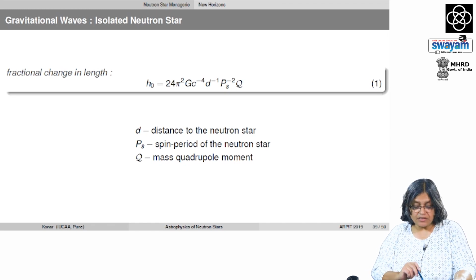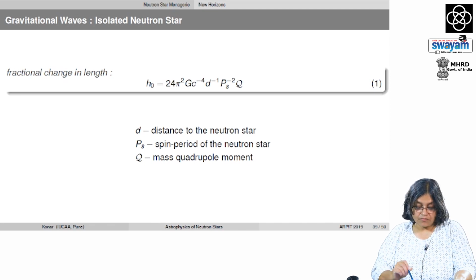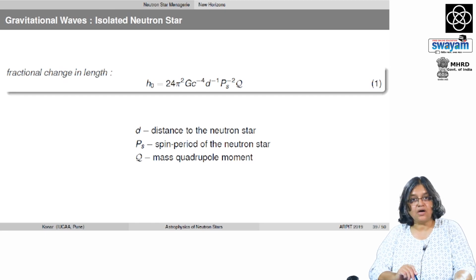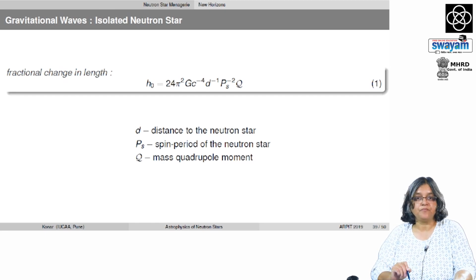This is a formula for fractional change in length, and it depends very strongly on the mass quadrupole moment, the amount of mass quadrupole moment that the neutron star may inherently have, the distance to the neutron star and the spin period of the neutron star.